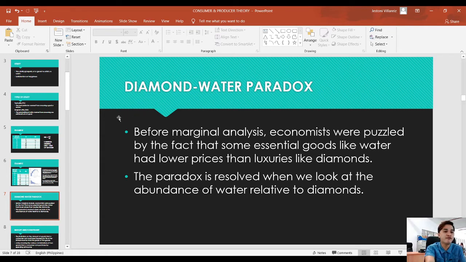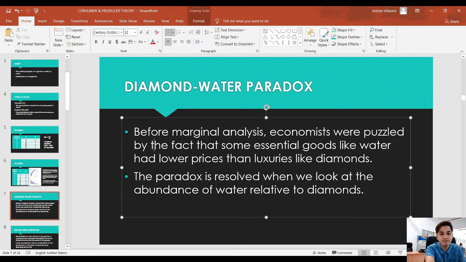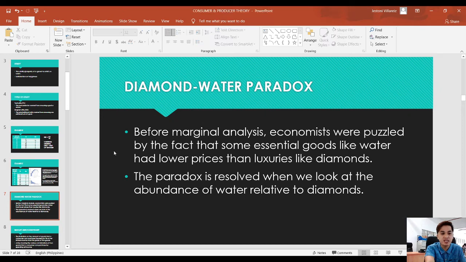But after marginal utility analysis, economists argued that this paradox is based on someone's satisfaction. So what is it? It is compared to the paradox of value, the value in use. Now let's say you are stuck in the middle of the desert, and you are to choose between diamond and water. Which of the two will you choose?